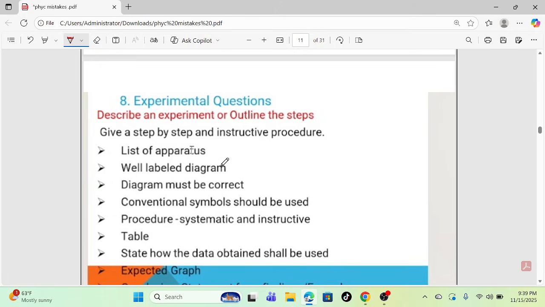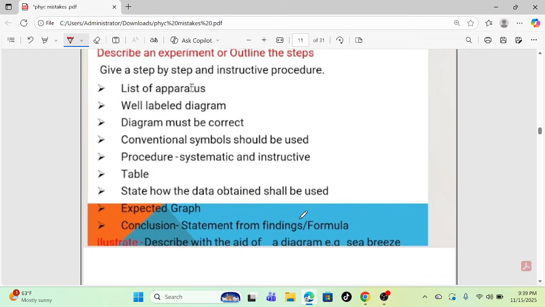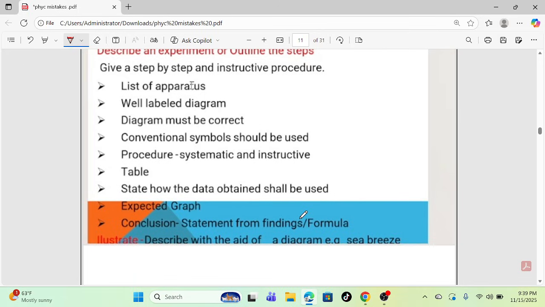The diagram must be labeled and correct. Conventional symbols should be used. Procedures should be systematic. Also include tables, and state how the data obtained will be used. State the expected graph, and a conclusion, statement from findings or formula.